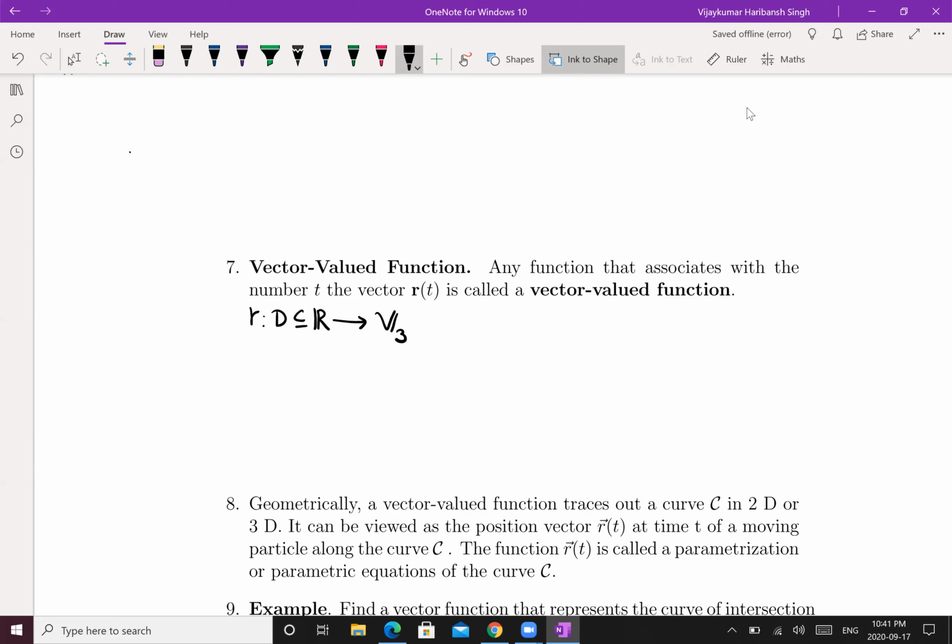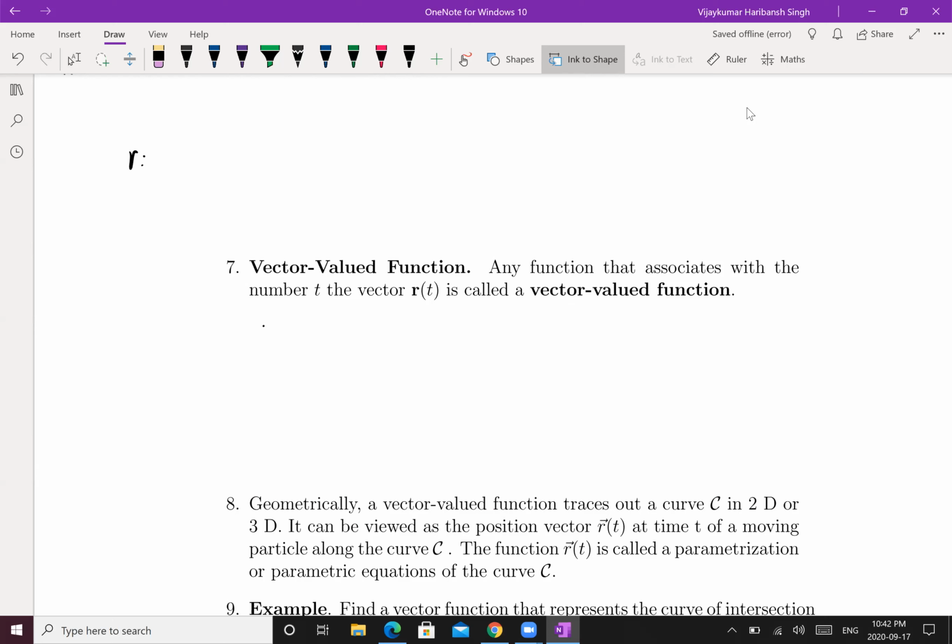But in general, vector valued functions are just functions whose outputs are vectors. All right. So they can be from any space to the space of vectors, right? So we have what is called a vector valued function.